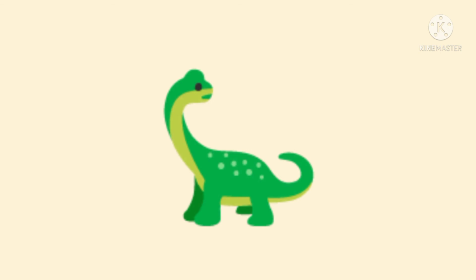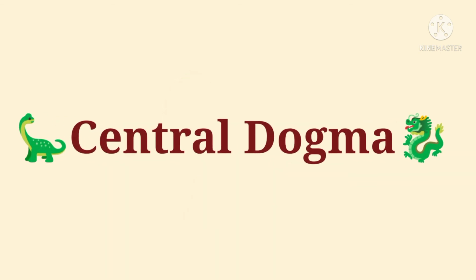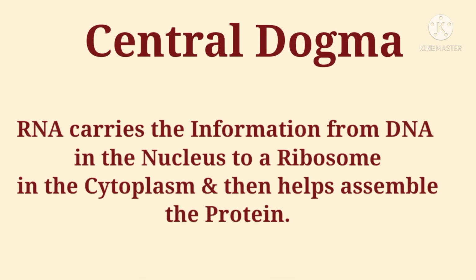Finally, we are going to see what the central dogma of molecular biology is. The central dogma of molecular biology is an explanation of the flow of genetic information within a biological system. That is, RNA carries the information from DNA in the nucleus to a ribosome in the cytoplasm, and then helps assemble the protein.